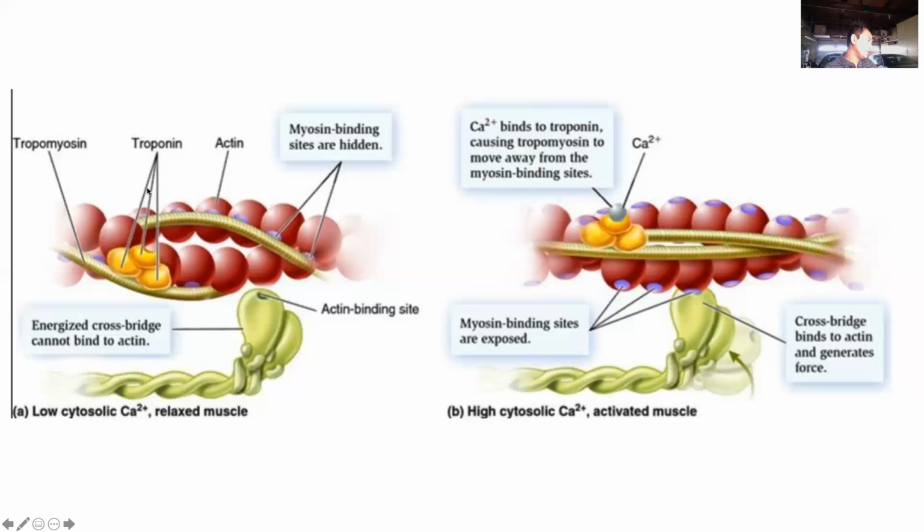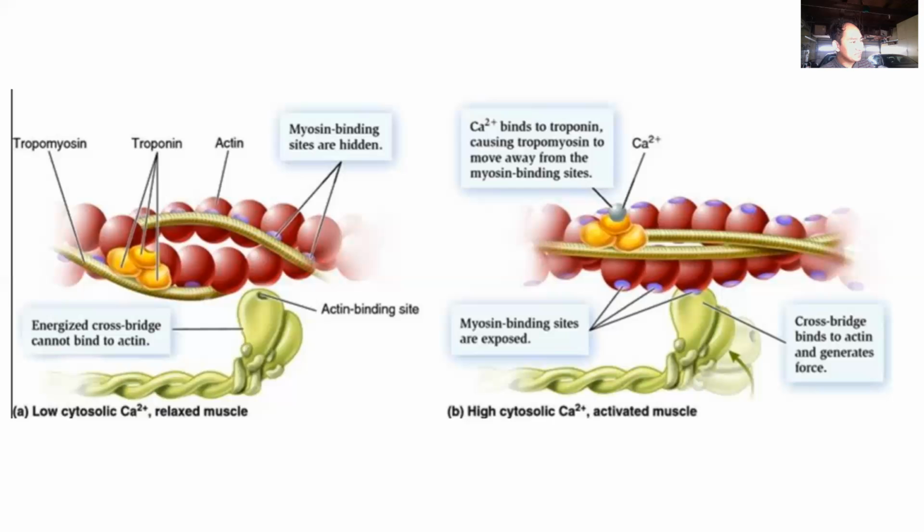Usually troponin is attached close to the tropomyosin, and tropomyosin is attached to the sweet spot on the actin where the myosin comes and attaches when the muscle contracts. So in a normal state, these myosin binding sweet spots on the actin are covered with tropomyosin.